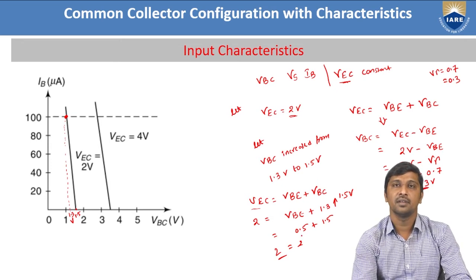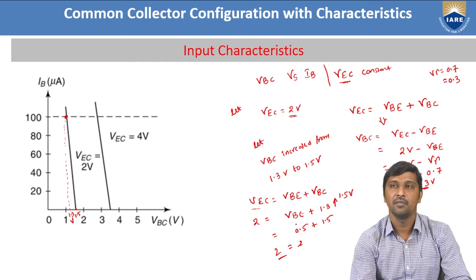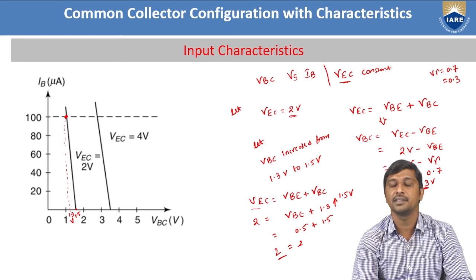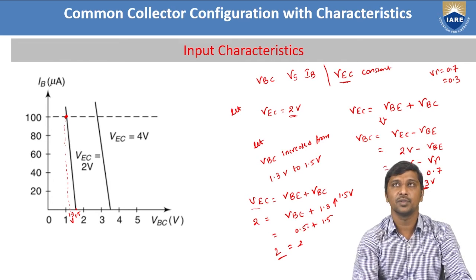Whenever the base and emitter voltage of a PN junction diode is less than the cut-in voltage, here the cut-in voltage is 0.7 volts. Whenever the junction voltage is less than the cut-in voltage, we know that the diode enters into the non-conducting state. So that is the reason. Due to this dropping of 0.2 volts, the emitter base junction changes from the conducting state to the non-conducting state.